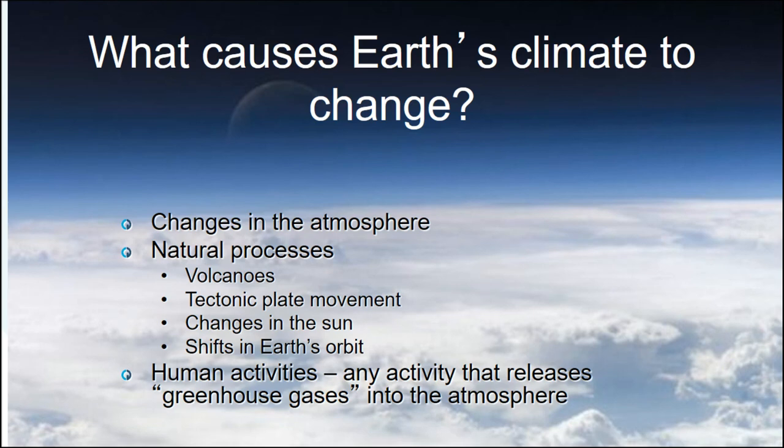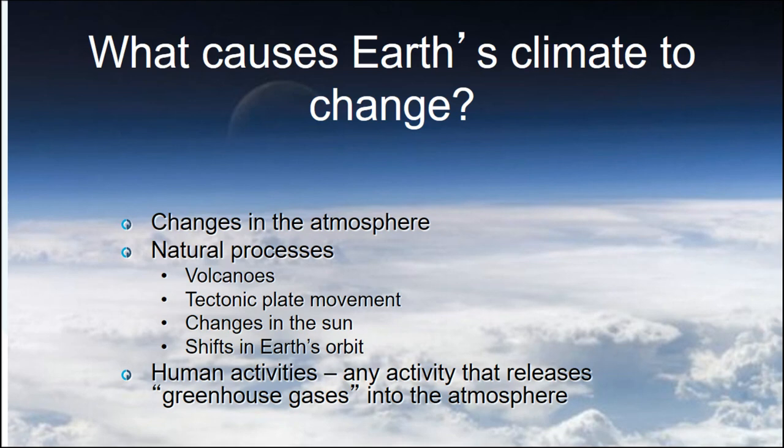Solar changes, so the sun can become hotter or cooler over time as it ages. And then orbit changes. Earth's orbit does occasionally change, but it happens so slowly, over tens to hundreds of thousands of years.